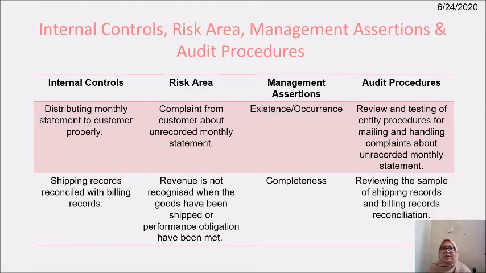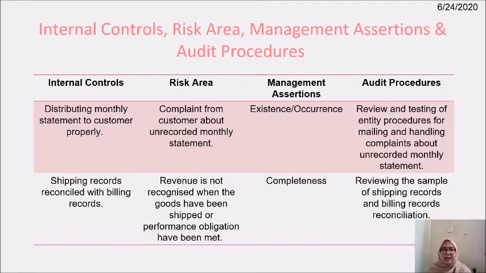So as an auditor, the audit procedures that must be done to test the assertion is to review and test of entity procedures for mailing and handling complaints about unrecorded monthly statement.